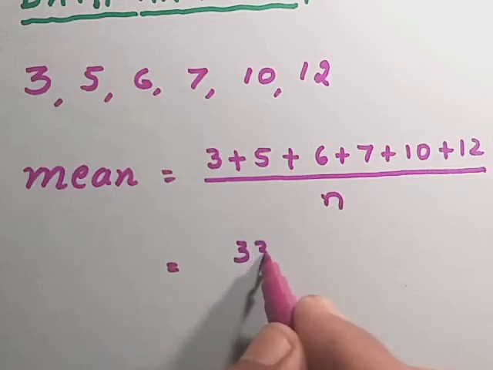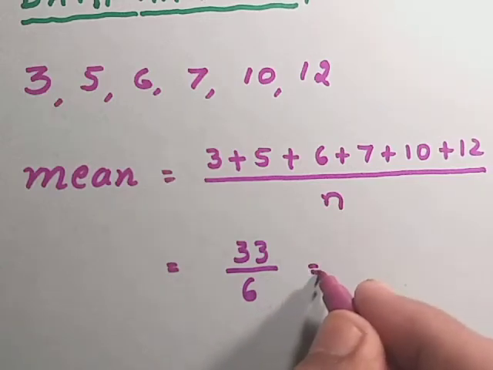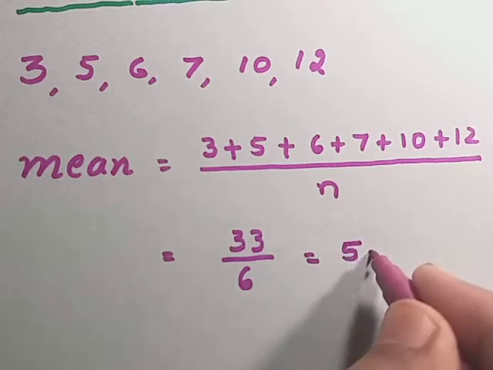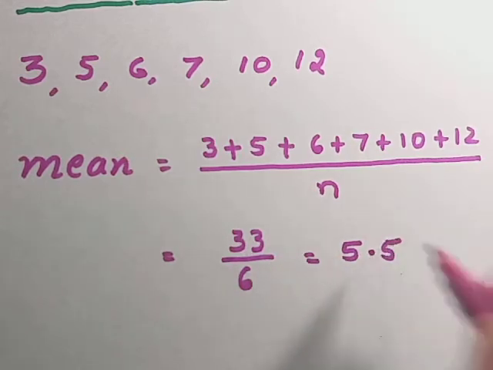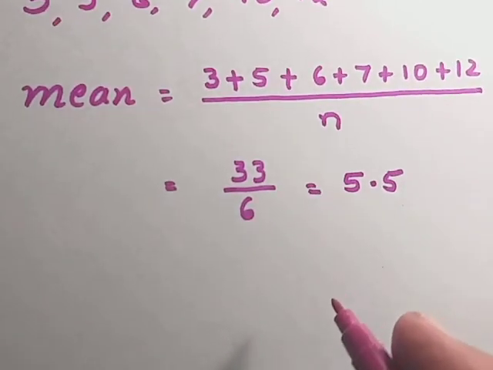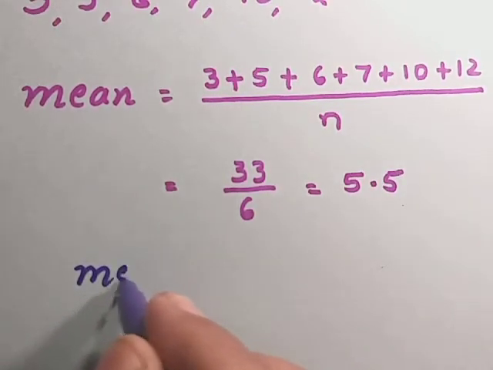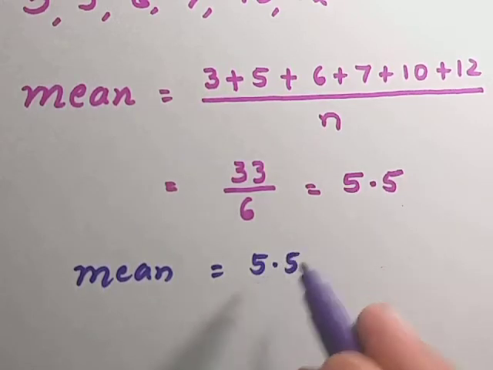This is 33 divided by 6. This is equal to 5.5. Therefore, the mean of the given numbers is equal to 5.5.